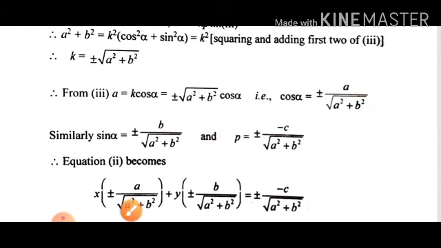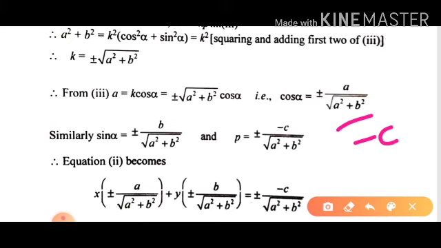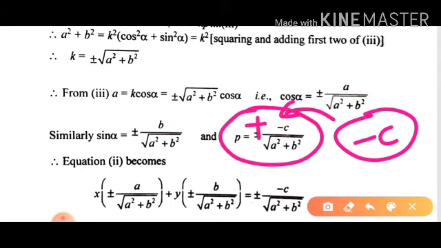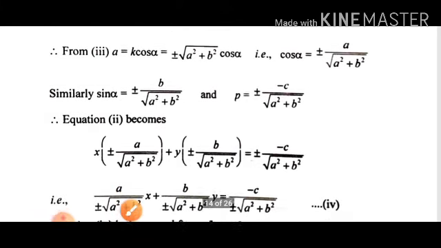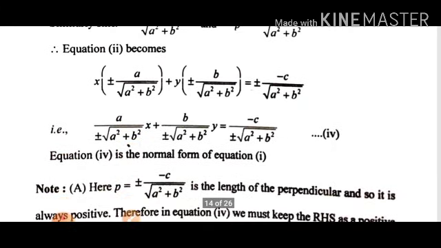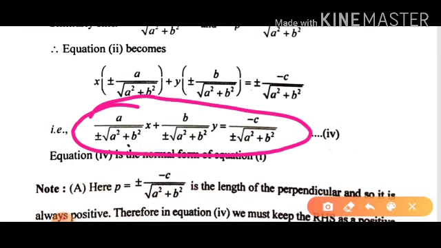If the value of minus c is positive, we take plus, so we keep p always positive. Depending on that, we take plus or minus. So this is the equation of a line in the normal form.